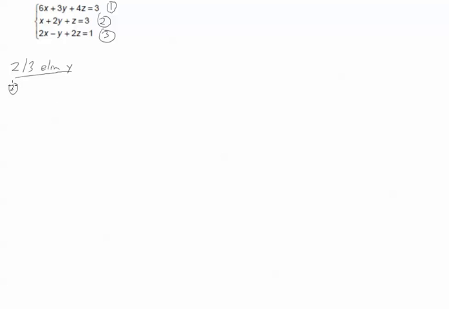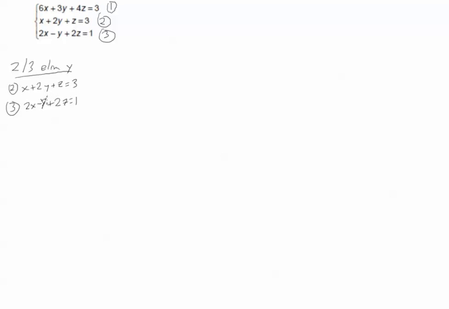So I'm going to write down 2x plus 2y plus z equals 3. And now my 3 is 2x minus y plus 2z equals 1.